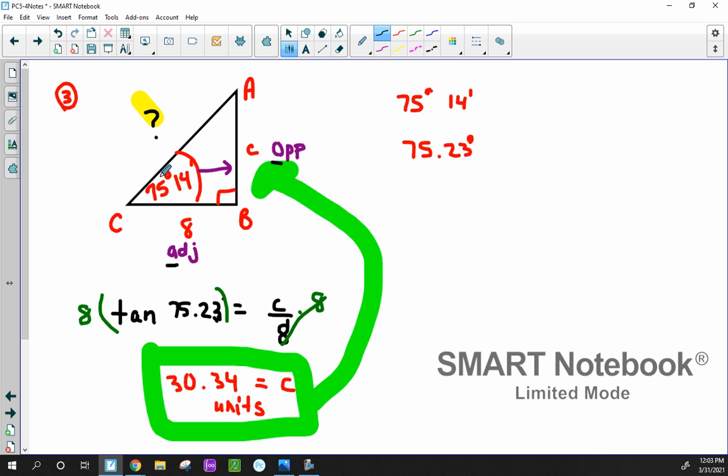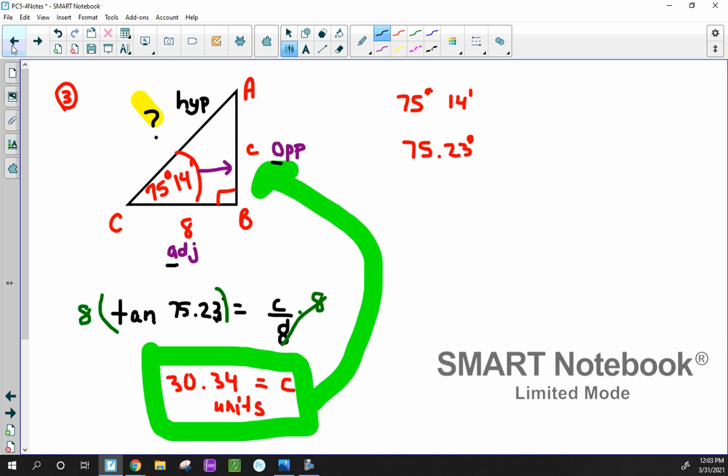Or you can just go back and from this perspective, use adjacent over hypotenuse. Using a trig equation would be a more accurate answer, to be honest. So that would be A over H. You could do cosine of 75.23 degrees is equal to 8 over x, and then solve the equation that way.